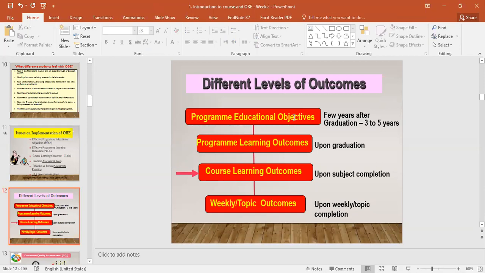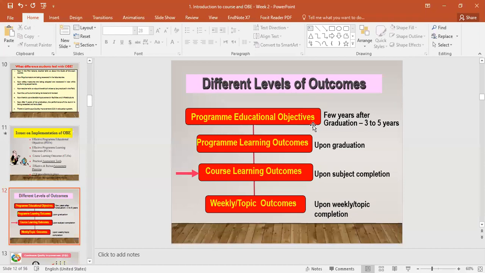And for every degree there are 3 to 4 program educational objectives that a student will achieve 3 to 5 years after graduation. For example, for agricultural engineering, a PEO could be that a student can design a boiler, or a rotavator that is used in the agriculture field.